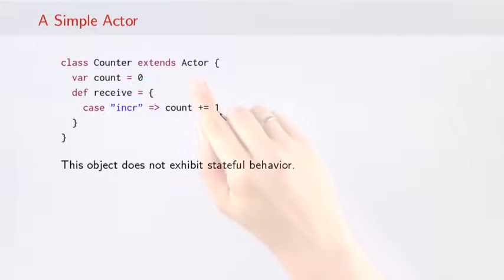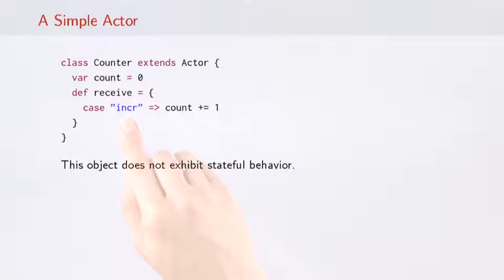We implement the actor trait here in a simple class called Counter. This one has one field, count, and it has a behavior. It must implement the receive method in the actor trait, and that must return a partial function. That's the partial function literal here with one case statement. And it matches the incoming message.